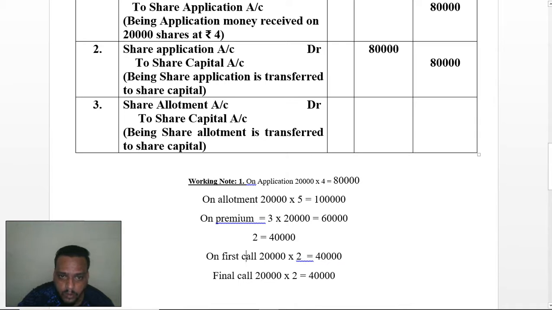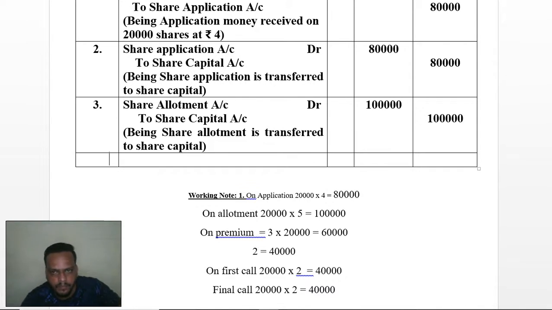The amount is 1 lakh rupees, because first you are transferring, so the transferring entry requires 1 lakh rupees on both sides.